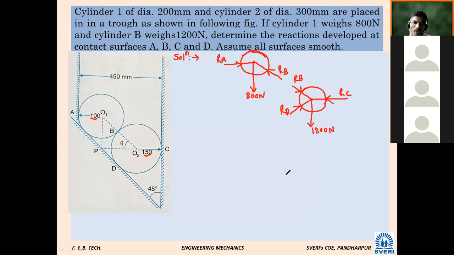If we draw a vertical line from center O1 and a horizontal line from O2, it forms a right angle triangle, O1 O2 P. In triangle O1 O2 P, how many distances are known to us?